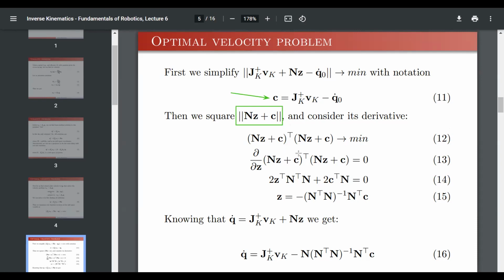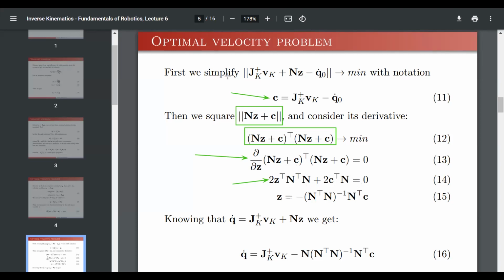Let us now consider its derivative. First, the minimum of this function is the same as the minimum of this function. The derivative of this is given here. I have to take the derivative with respect to z and set it to 0. Here is how the derivative looks: 2z N transpose N plus 2c N equals 0. How did I get it? If I open the brackets here, I would have z transpose N transpose N z.